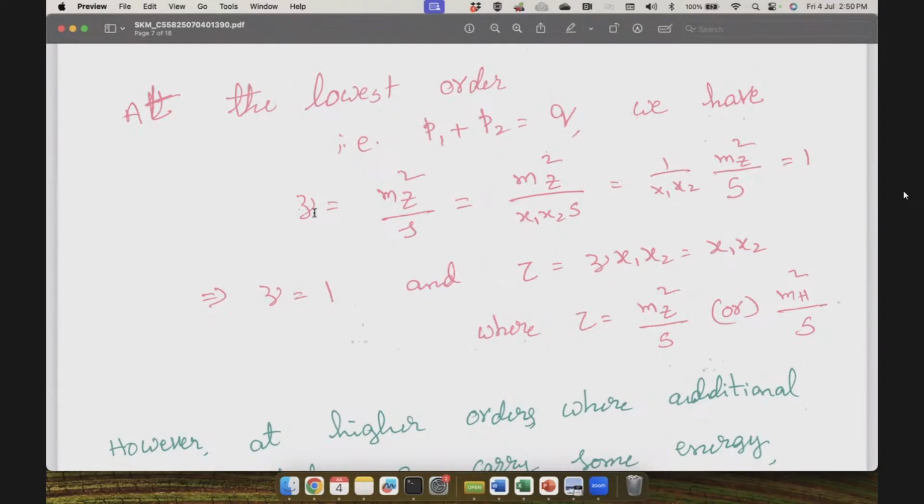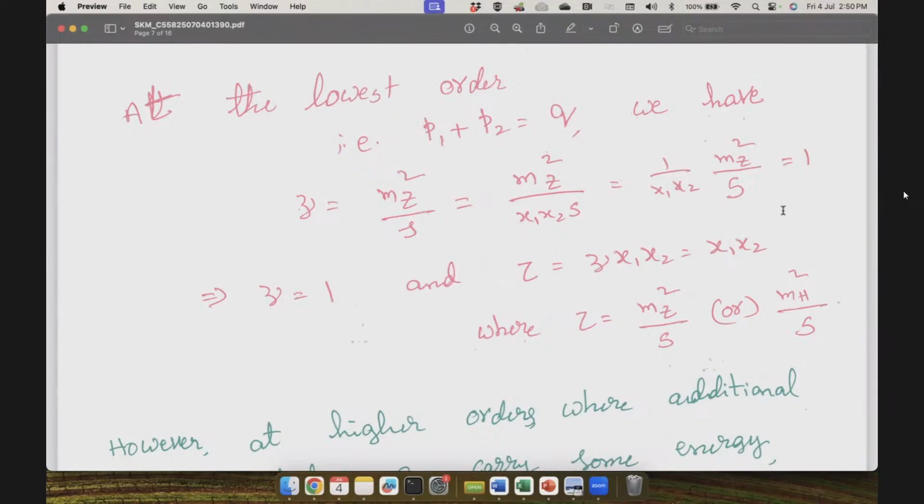In that case, I can define a quantity called small z, which is equal to mZ² over s, meaning Q² by s. I can write small s as x1 times x2 times capital S, so I can pull out 1 by x1 x2, and the entire quantity mZ² by capital S I can call tau. So z is related to the small x1 and x2 by this definition.